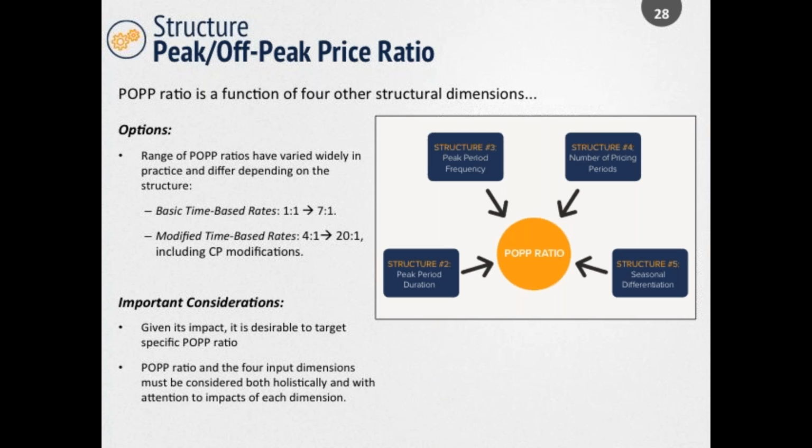Aman, I think this is also really, as you've demonstrated, just a key design consideration, and it has a lot of implications. As shown here, there's other dimensions that interact with the POP ratio, and I think one of the more interesting things to emerge from our research was examples of very low POP ratios. As shown in the slide, we find examples that are virtually one-to-one ratios, so almost non-existent. And what it also highlighted is instances where the so-called on-peak period was extraordinarily long, more than 12 hours in some cases.